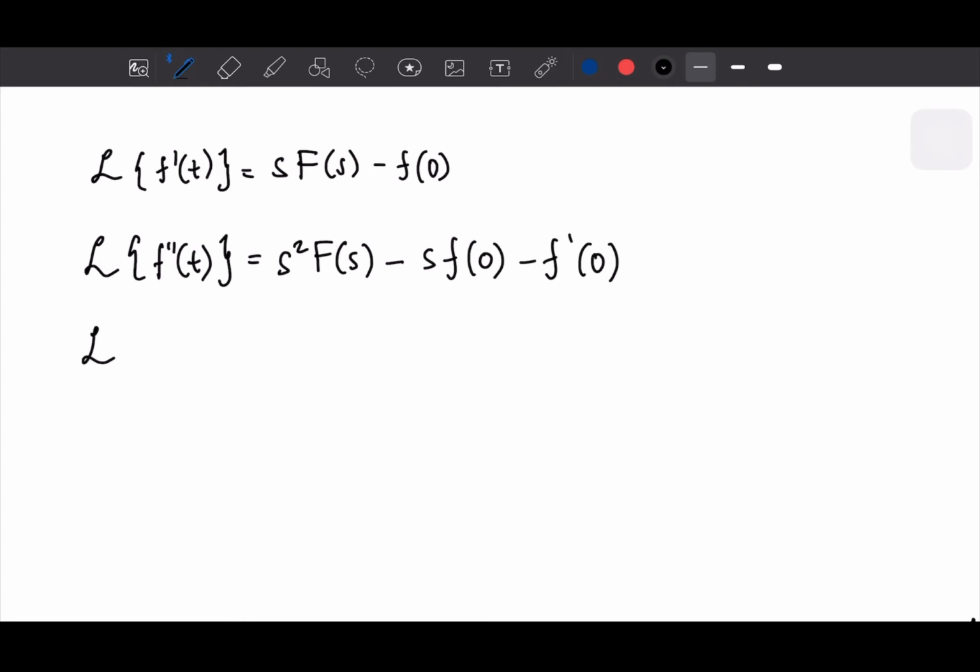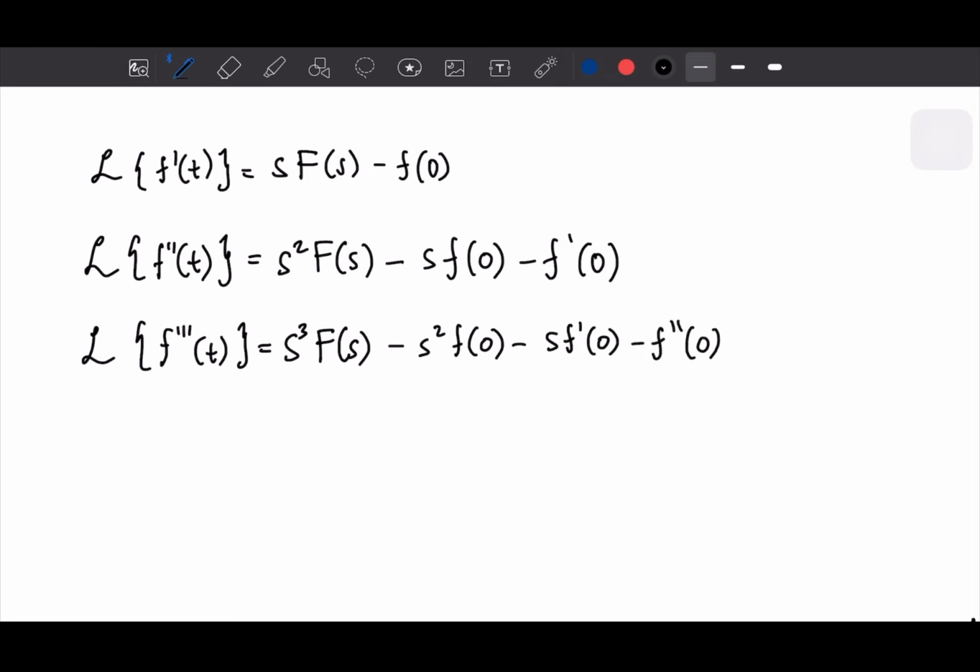And then if we take the third order, you will see this is going to be the pattern: s cubed F(s) minus s squared f(0) minus s f prime(0) minus f double prime(0). And you could predict the next pattern.